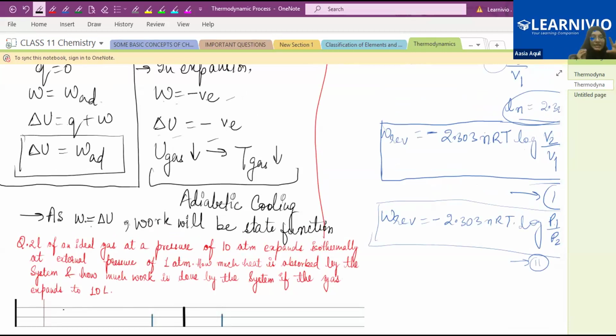It only depends on the initial and the final state. So if work done becomes equal to the internal energy change, where the change is final minus initial, then work done also depends on the initial and final states. So we can say that here work will be a state function because it is equal to the change in internal energy. Got my point?